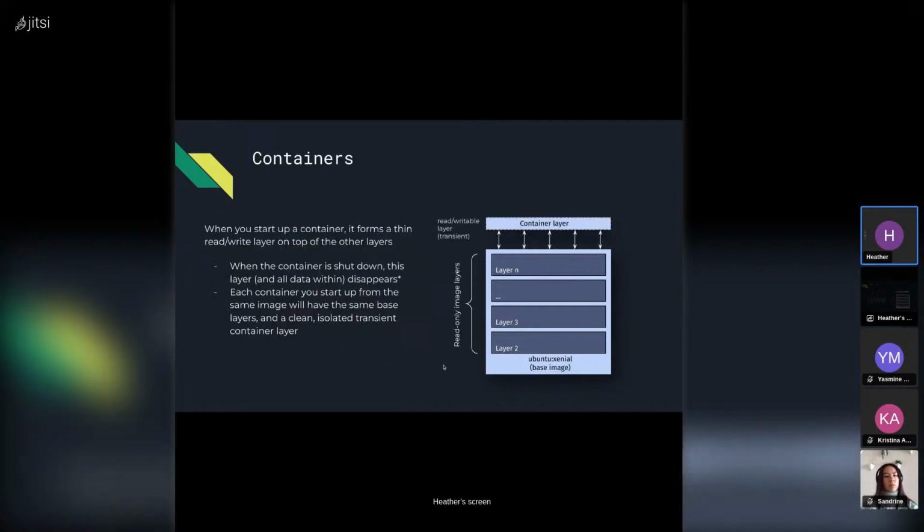So when you're running it interactively, you have access to all of these tools that you've installed. You can copy files into and out of that Docker container. You can mount volumes and things like that. But any changes that you make to the operating system, for example, if you install additional tools or edit a config file, when you shut down that container, those changes are totally gone.